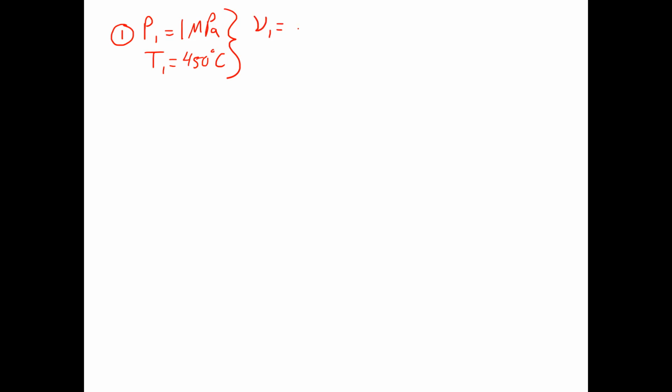I can find my specific volume at state 1. And I can use that specific volume to find my mass, since my mass is not directly given to me, right? Mass would equal the initial volume divided by the initial specific volume. That gives me a mass of 7.6 kilograms.